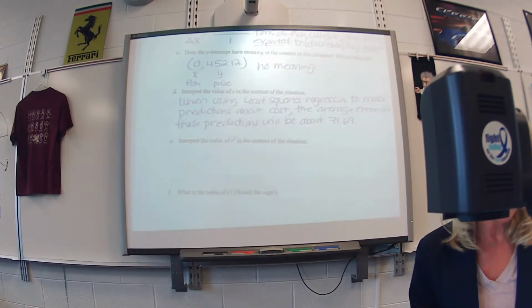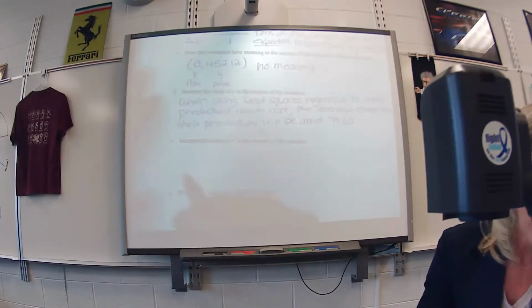Interpret the value of R squared. And again, this one, you can start the same way.